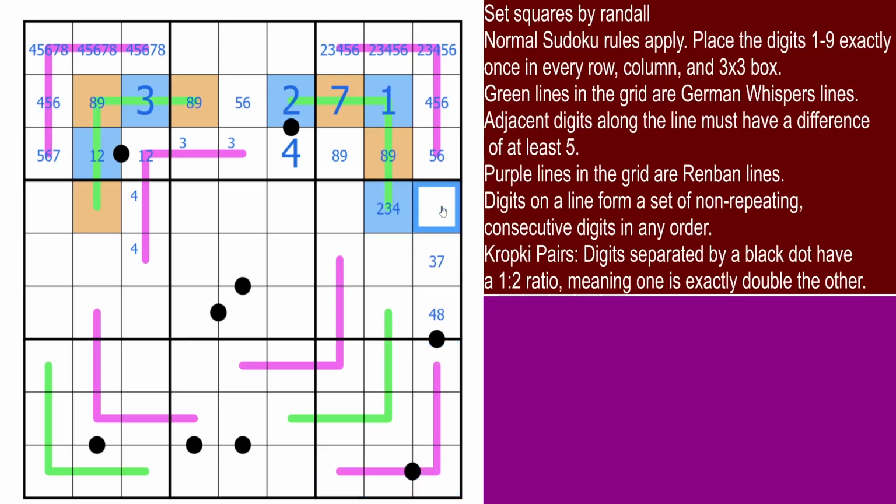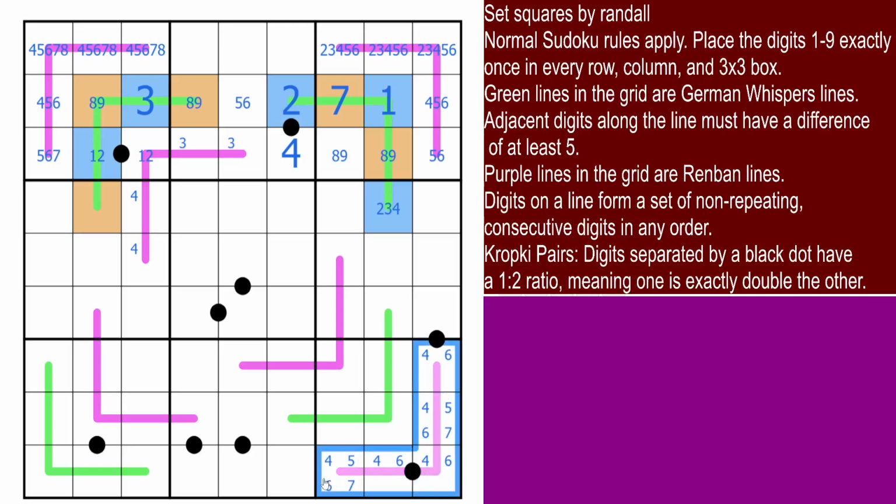This is one of the other two, 3 7 or 4 8 Renban. And that means 4 5 6 7 has to be here, right? 4 5 6 7 has to be here. Okay. Now this is a dot, right? So definitely 5 and 7 cannot occur here. So those are the only 5 and 7, right?